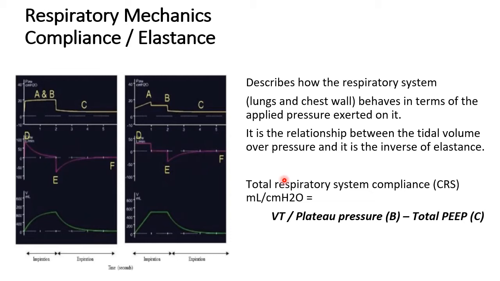To get accurate or static measurements of the compliance or elastance, classically it's been described using the volume controlled mode with the square or constant flow. You have to apply an inspiratory pause. So what happens is at the end of the breath, point A here, that's the peak inspiratory pressure. You put the pause, and point B is the plateau pressure.